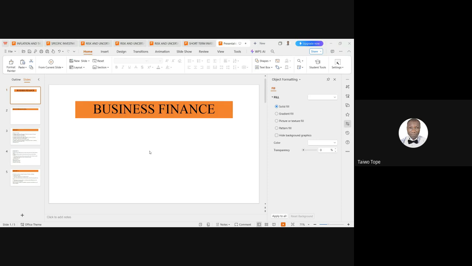But for tonight, we'll pick one aspect of these components, which is sources of finance. I will be discussing and sharing ideas as it relates to these aspects of the syllabus.